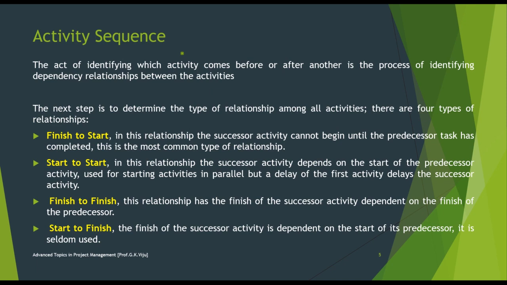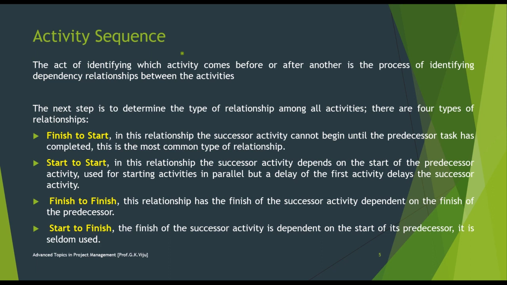In the sequence activities process, these activities and milestones are sequenced in order of work performance, starting with finish to start, start to start, finish to finish, and start to finish.